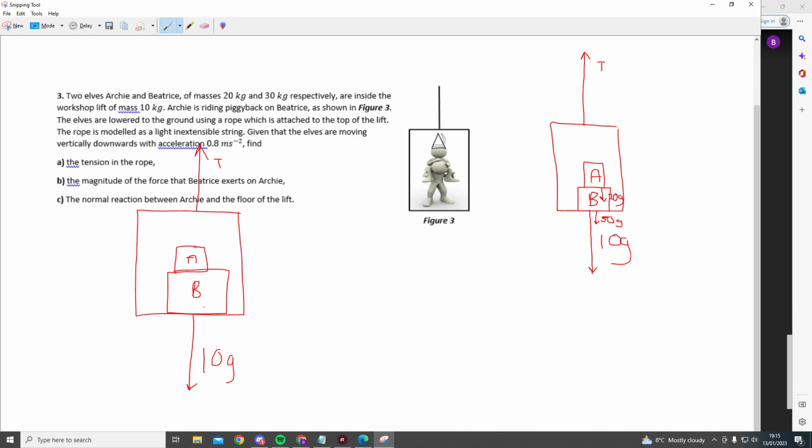Now, the forces acting on particle B, I'm not going to draw its weight, otherwise it's going to get too crowded. I'm just going to draw the normal reaction force acting on B provided by the lift.